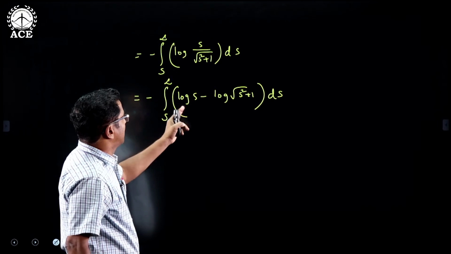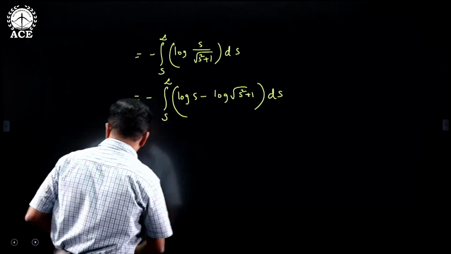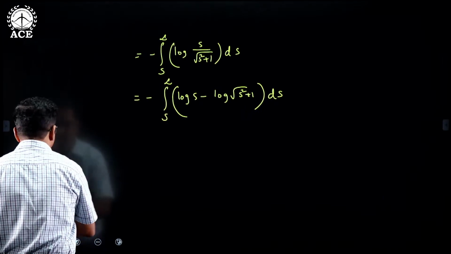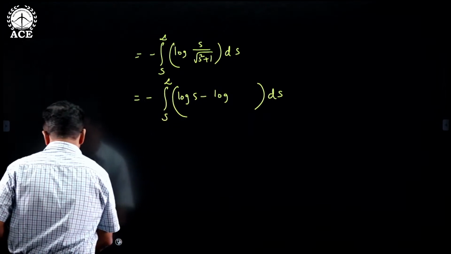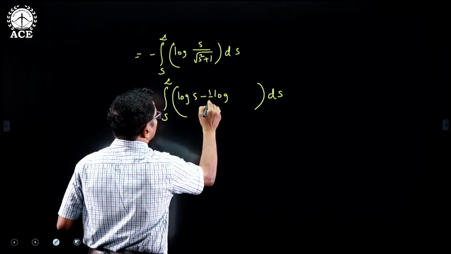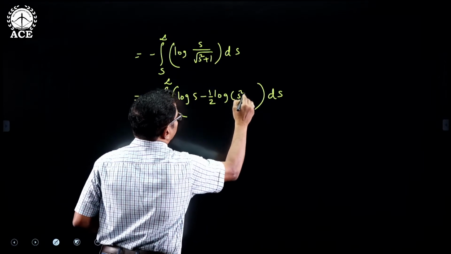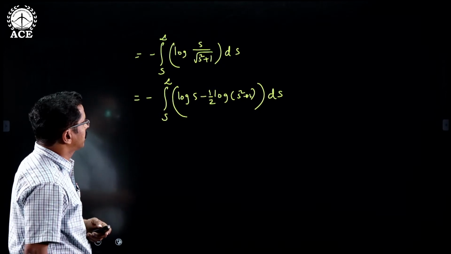Log a by b, I wrote in the form log a minus log b. Root of s square plus 1, what can we write? It is 1 by 2 log of s square plus 1.